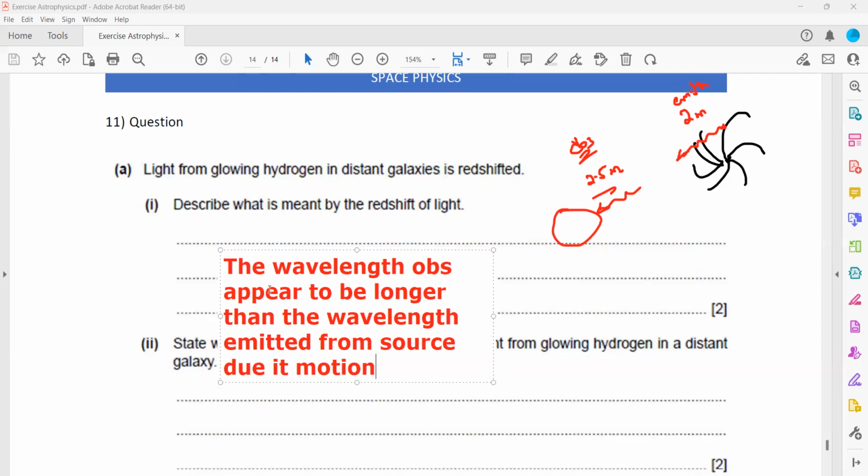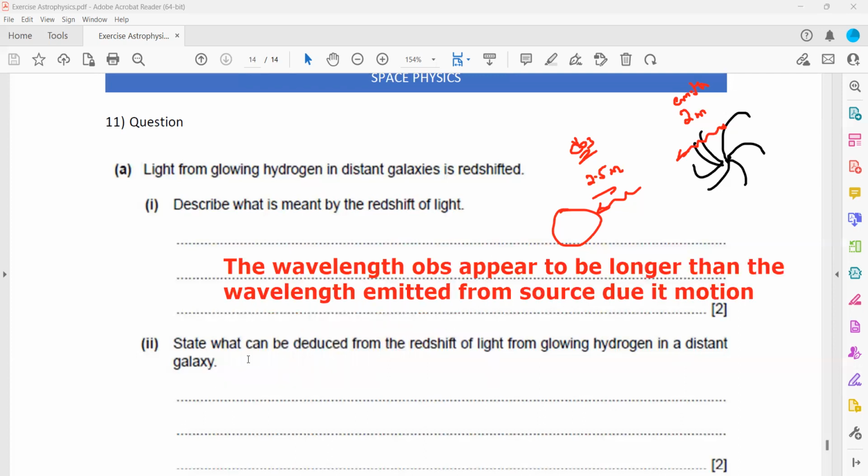Because the object is moving away from us, what we receive is different from what is actually emitted. State what can be deduced from a redshift from a galaxy. Redshift indicates that the distant galaxy is moving away from us, and a higher speed means a greater redshift.